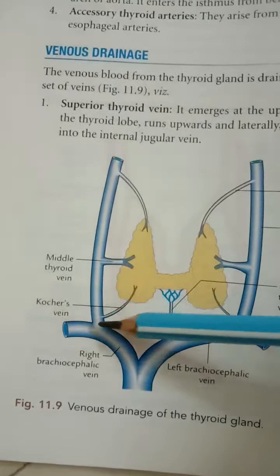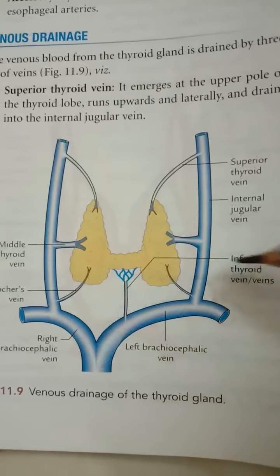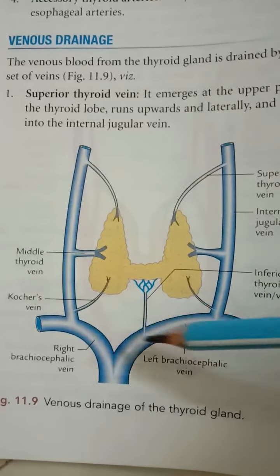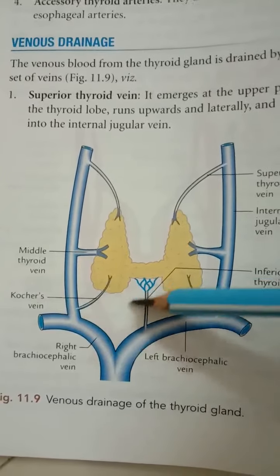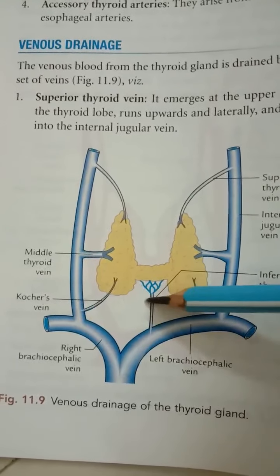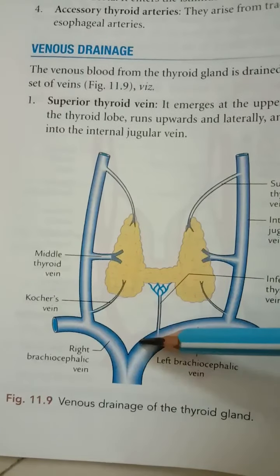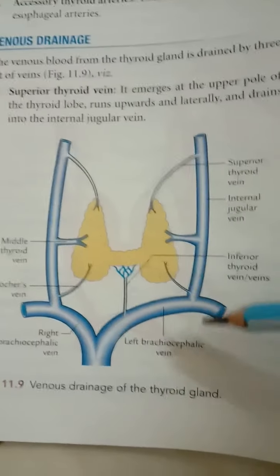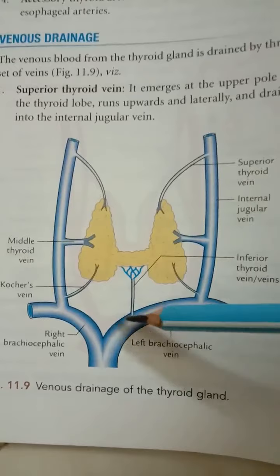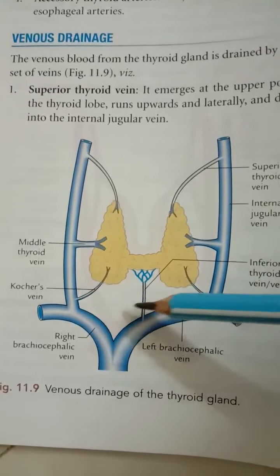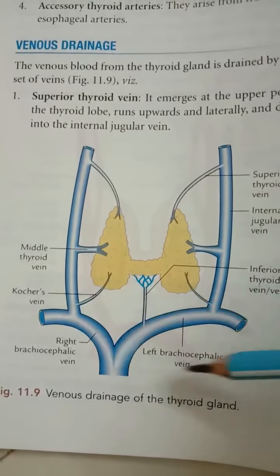Then the inferior thyroid vein. They emerge at the lower border of the isthmus from the plexus in front of the trachea, and then run downwards and drain into the left brachiocephalic vein.